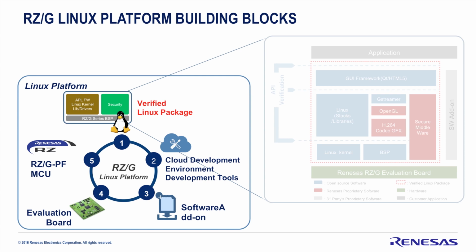In addition to the three software-centric components within the scope of the RZ/G Linux platform, Renesas also offers a family of scalable, high-end industrial MPUs or microprocessors, as well as a set of certified production-ready boards and fully integrated evaluation platforms.